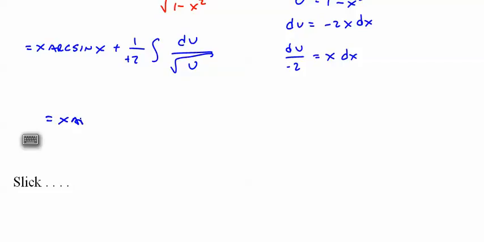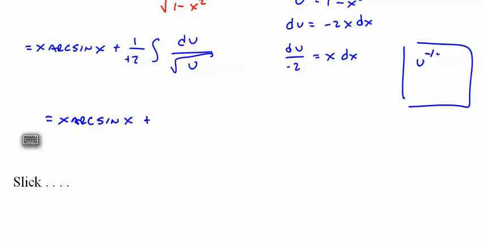x arcsine of x plus, I'm going to do it over here in a little box off to the side, integral of u to the negative 1/2 du is add 1, u to the 1/2, divide by 1/2.